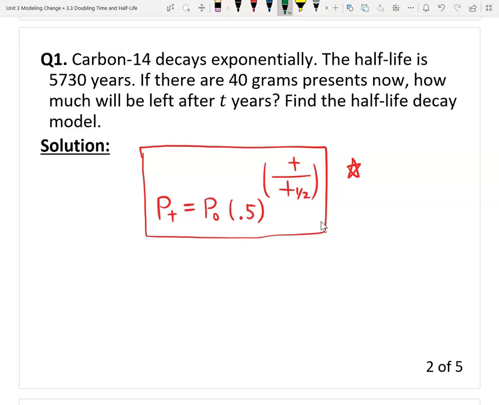So P0, the initial, can we find it? 40 grams at the beginning. So this is the initial P0. Therefore, we know P0. What is T 1/2? It already shows us. This is the half-life. So we do have the formula right now. Plug into the formula.